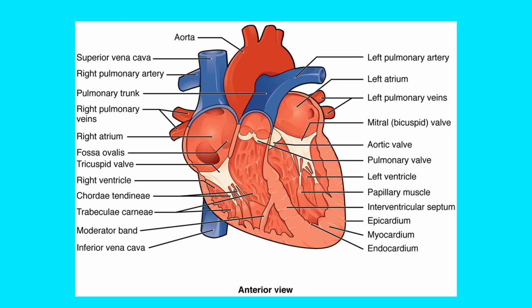It's going to be dropping off the oxygen, dropping off nutrients, picking up waste products, picking up carbon dioxide, which is a waste product, coming back to the heart by way of the superior vena cava, inferior vena cava, into the right atrium, through the tricuspid, right ventricle, through the pulmonary semilunar, through the pulmonary trunk, pulmonary arteries, back to the lungs, drop off that waste product of CO2, pick up more oxygen, and it just keeps circling around and around like that.